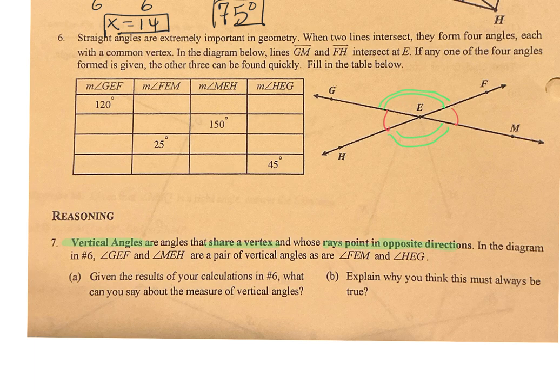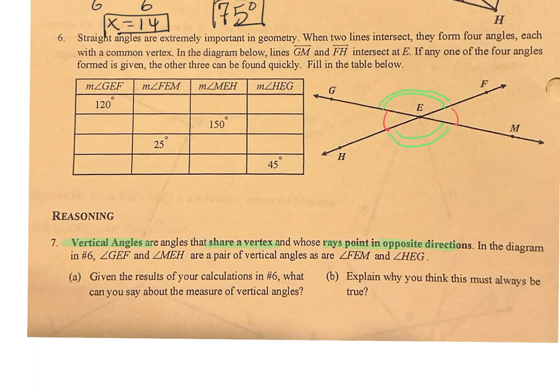So this angle here and this angle here are vertical to each other. This V opens up, and this V opens down, whereas this V with the red guys opens to the left and to the right. That's actually a good way of thinking about it: up, down, left, right. So it won't ever be these 2 guys here or these 2 guys here. They have to be opposite each other.